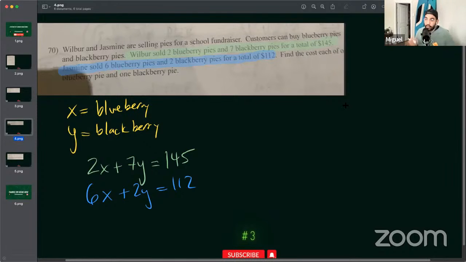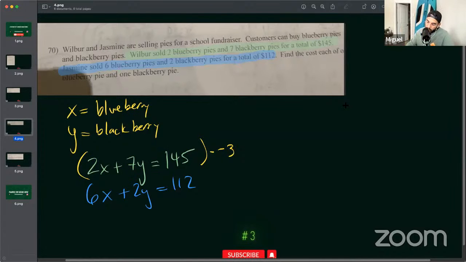It doesn't tell me what method to use here, so I'm just going to go ahead and do elimination. Why not? Let's eliminate the x's because I can already see that if I multiply the top equation by a -3, my x value will be -6x, and that's good with me.